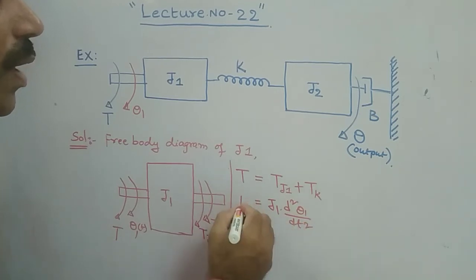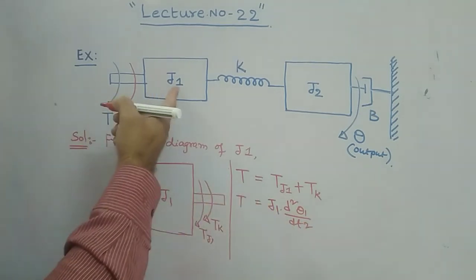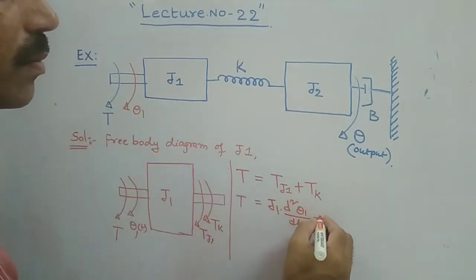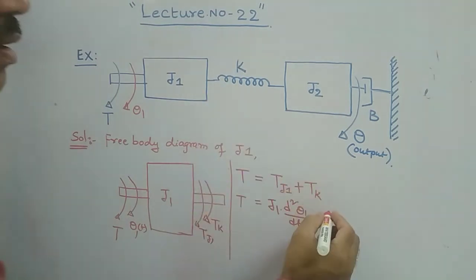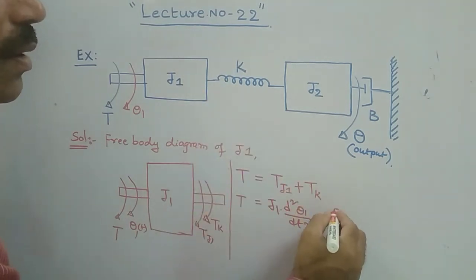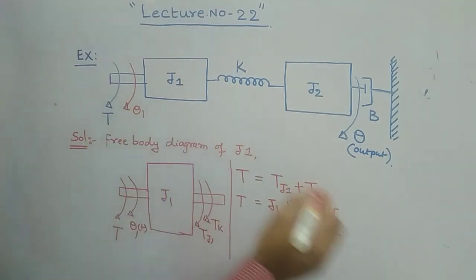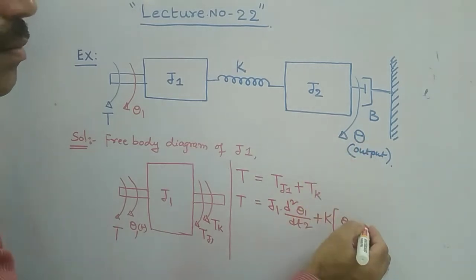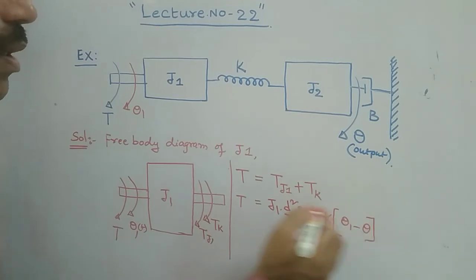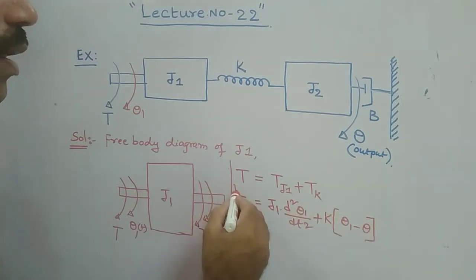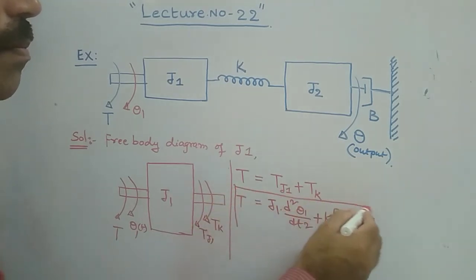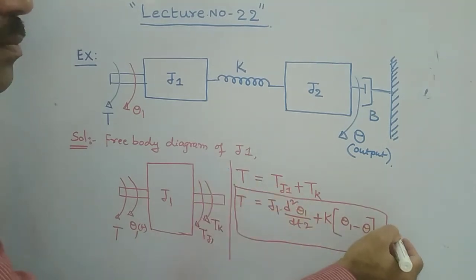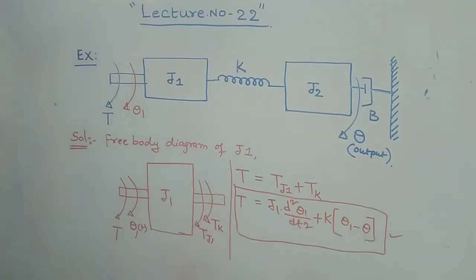So capital T is equal to J1 into d square theta 1 by dt square plus K, the spring constant, into theta 1 minus theta. That's all. This is your differential equation.